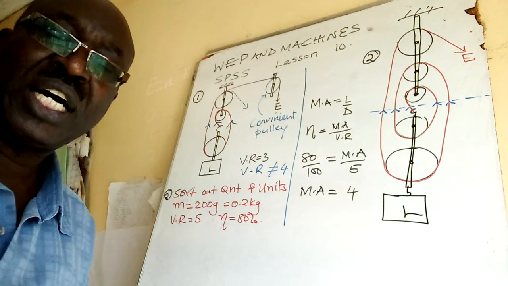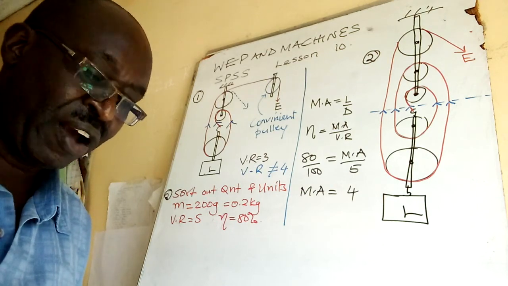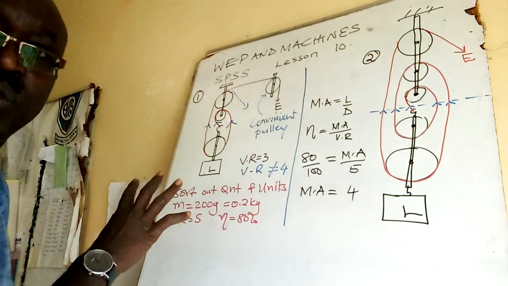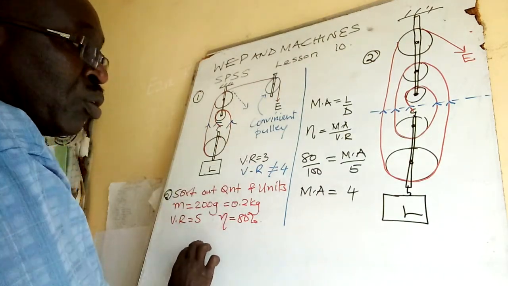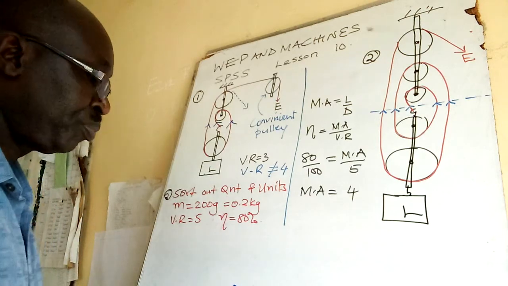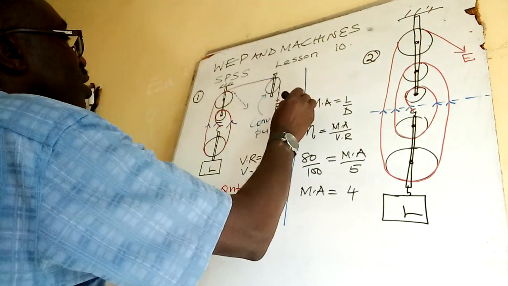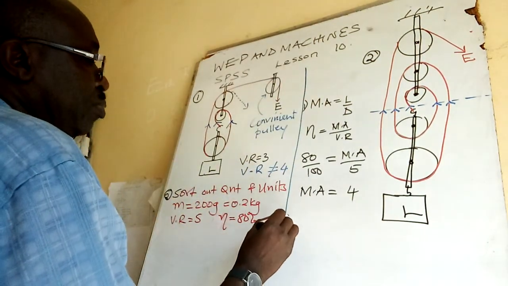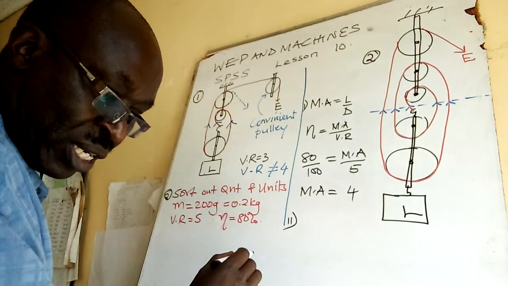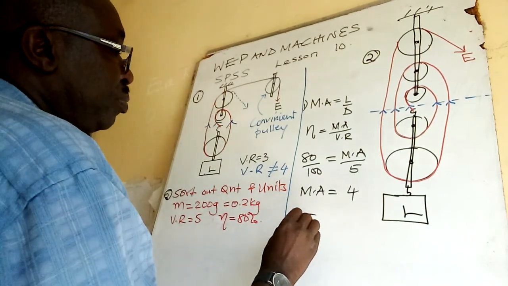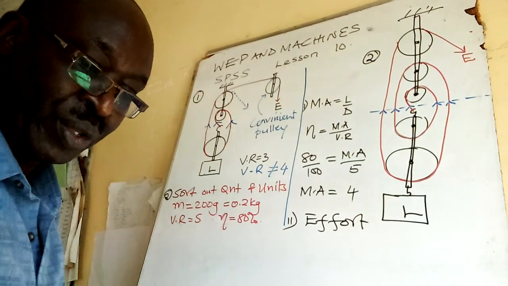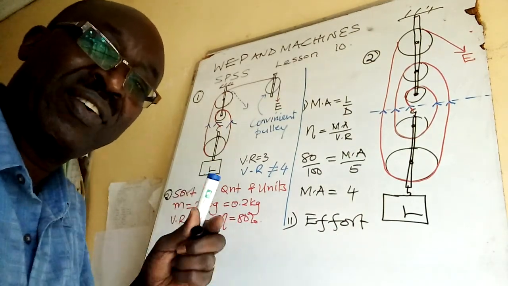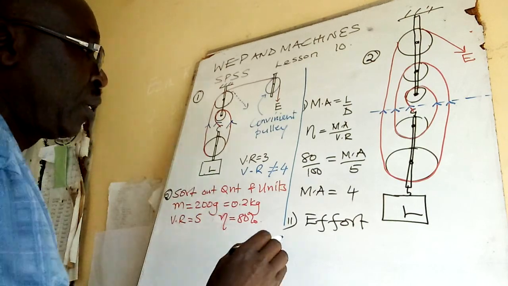Now let us look at the effort. I don't want to remove this so that you can refer to it. I will try to use the spaces available. So suppose I have this as part 1. This is part 2. I'm asked about effort. So what is the effort applied? I have to get the formula where effort is.